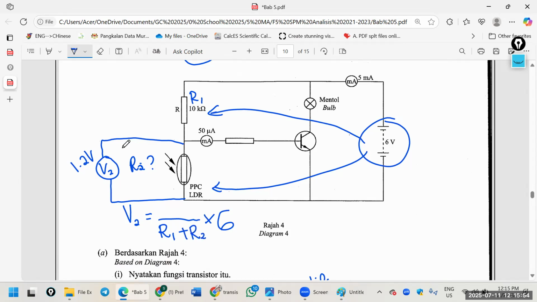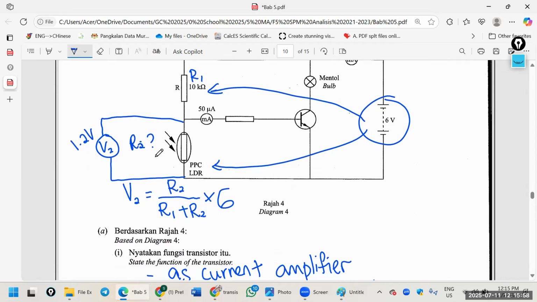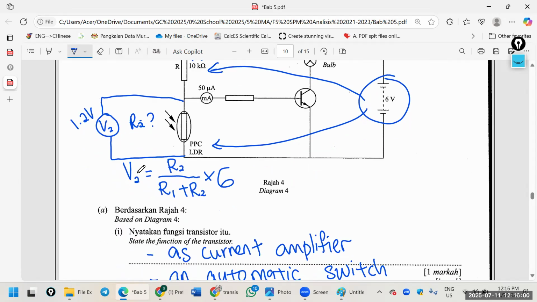So obviously this is R2. Since we know this is 1.2, the formula, this is R2, so R2 over the two added together. So 1.2 equals R2 divided by R1 10k ohm plus R2, times 6.